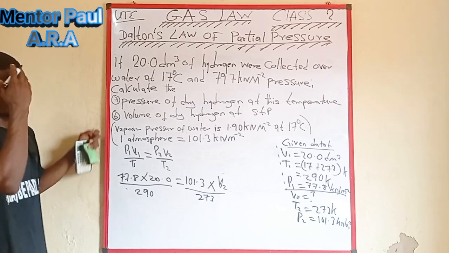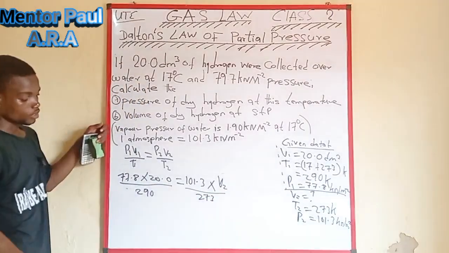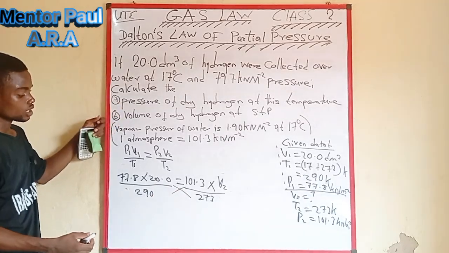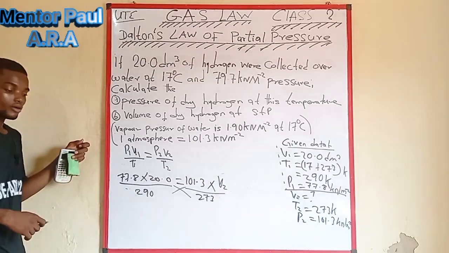All right. So what are we going to do now? We're going to make V2 the subject of the formula. Hence, we cross multiply.